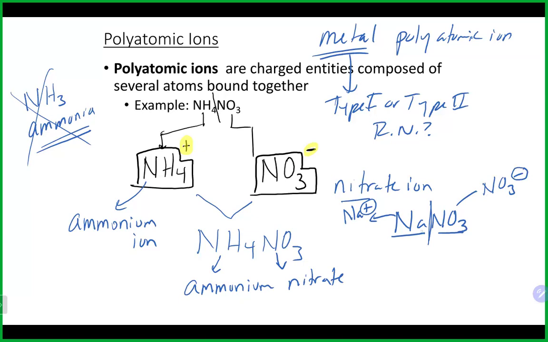So here we have a metal and a polyatomic ion. Do I need a Roman numeral for my metal, sodium? Sodium is what type of metal? It's a type 1, which means no Roman numeral. So I'm ready to name this. This would be sodium nitrate, just like we did with type 1, basically the same rule. I don't need a Roman numeral, I just use the whole name of the metal and the whole name of the polyatomic ion.